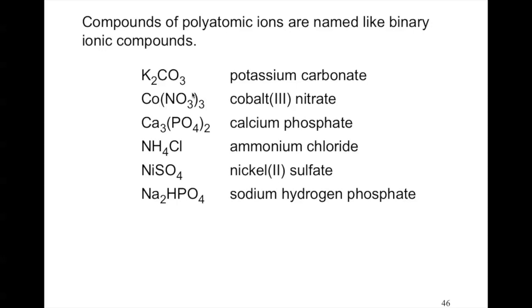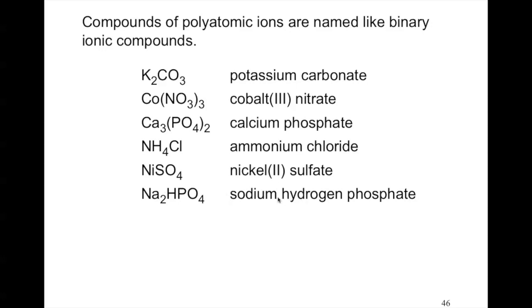We write a bracket around our polyatomic ion, NO3-, and then we put a subscript 3 counting 3 individual nitrate ions in our formula. So our formula really consists of 4 pieces, a cobalt +3 ion and 3 nitrate ions. Then we name all the others in the same way. You just have to memorize your polyatomic ions.